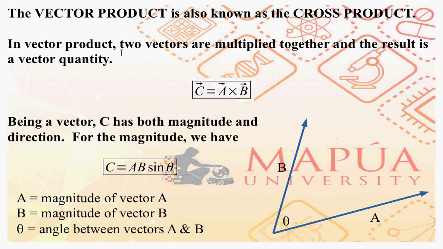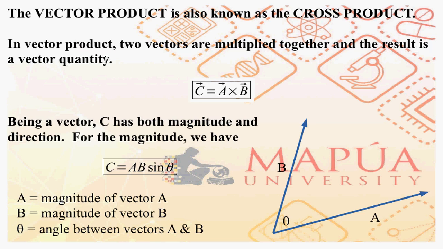The vector product is also known as the cross product. Cross, because if you look at the equation for vector product, we use a cross or X mark to denote the multiplication. So vector product, cross product, they are the same.